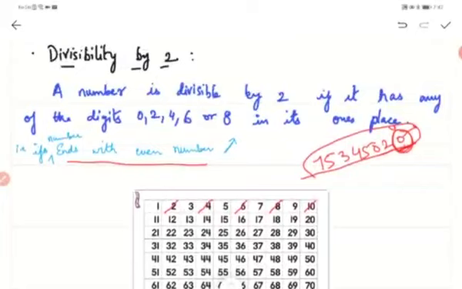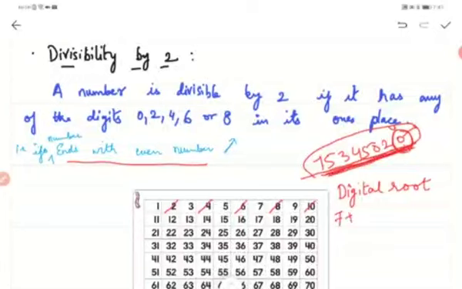Now tell me about 3. For 3, you will add the digits continuously and find the digital root. If my given number is this, and I want to know whether it is divisible by 3 or not, I will add all these digits: 7 plus 5 plus 3 plus 4 plus 5 plus 0 plus 2 plus 0.